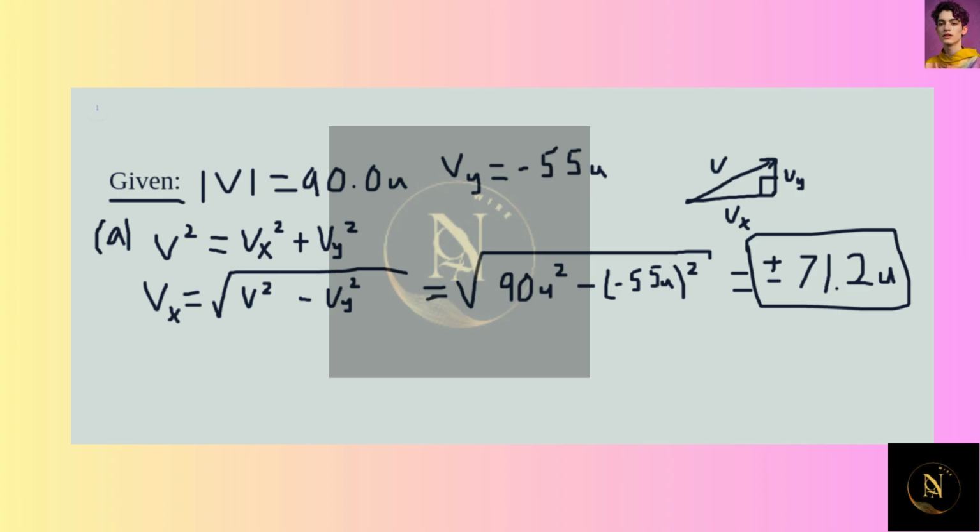Part B, then, I'm going to go ahead and get a new page here. Part B asks us to determine what vector would be required for us to add to our original vector. We're going to call this new vector vector A, and it should give a solution that is a vector with a value of 80 units in the minus x direction.